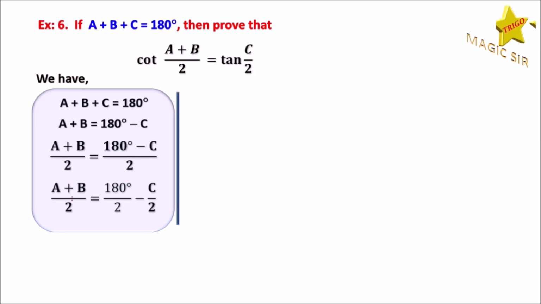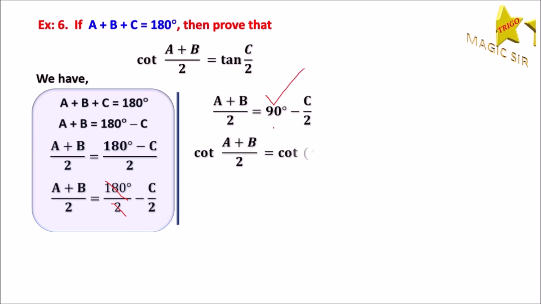Therefore, A plus B upon 2 is equal to 180 degrees upon 2 minus C upon 2. Here, 180 degrees upon 2 is equal to 90 degrees. So, A plus B upon 2 is equal to 90 degrees minus C by 2.